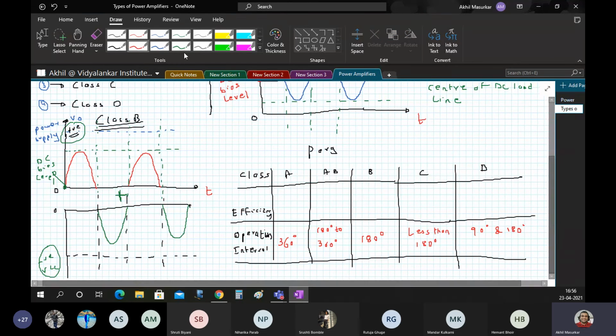As far as efficiencies are concerned, class A has just 25% efficiency, but it is very stable.